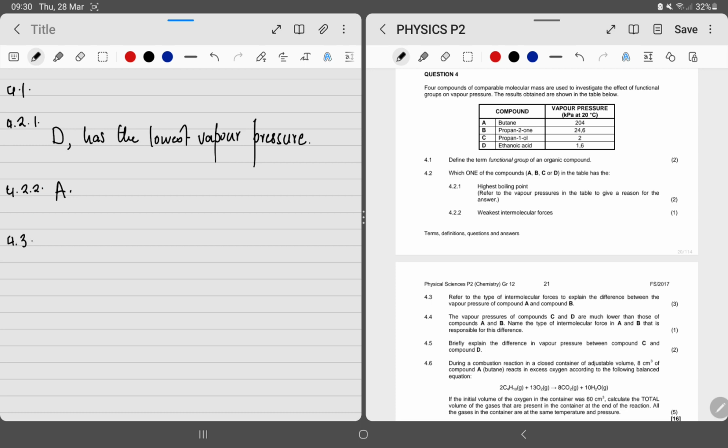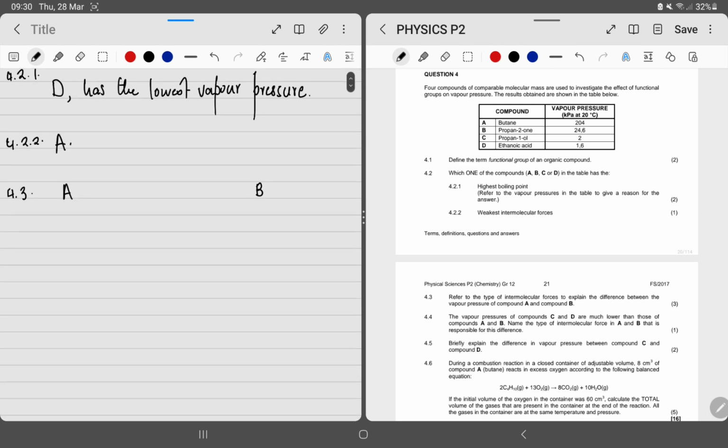4.3. Refer to the type of intermolecular forces to explain the difference between the vapor pressures of compound A and B. We have A and B. We have butane there, so it's 1, 2, 3, 4.